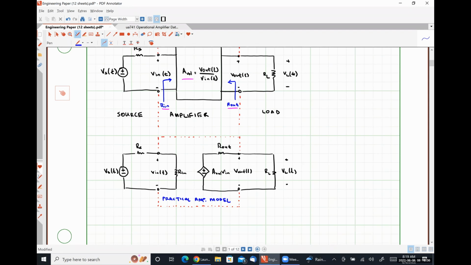Used again to analyze any amplifier circuit, particularly voltage amplifier circuits, where we're not particularly concerned with the exact behavior of the internal workings of the amplifier. We're more so concerned with how it behaves as a signal processing unit.